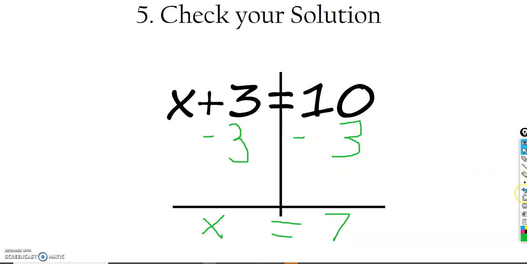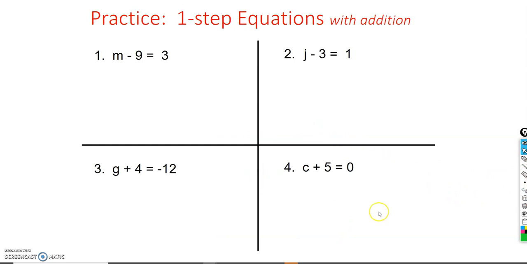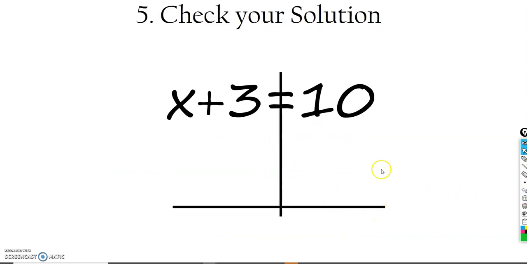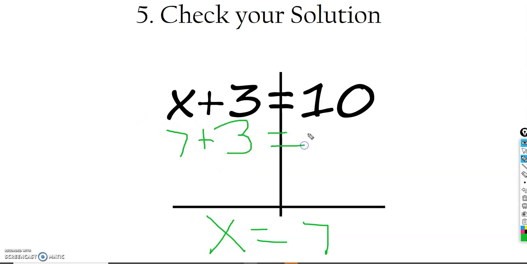Oh, and I skipped a step. We've got to go ahead and check that solution. Does it work? It should. We said that x equals 7. So if I substitute 7 for x, 7 plus 3, of course, does equal 10.